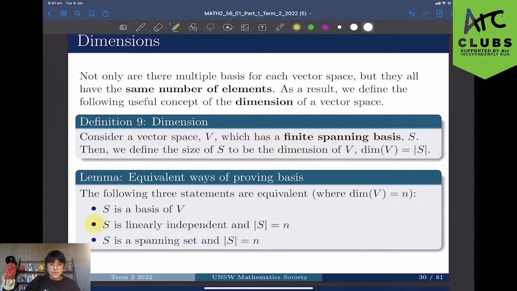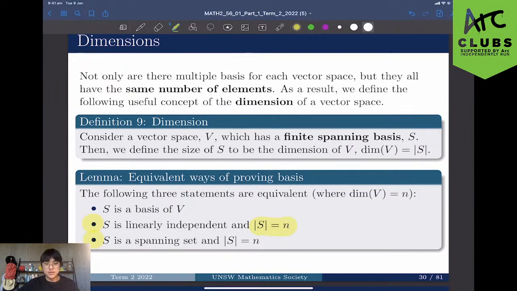And if this statement is true, then we know that the other two statements are true. The reason this lemma is quite handy is that if you want to prove that S is a basis of V, you can start off from one of these two statements and say that we already know the size of the set.